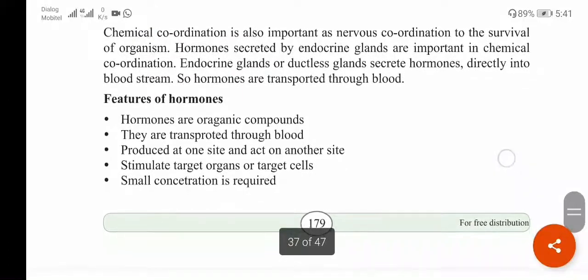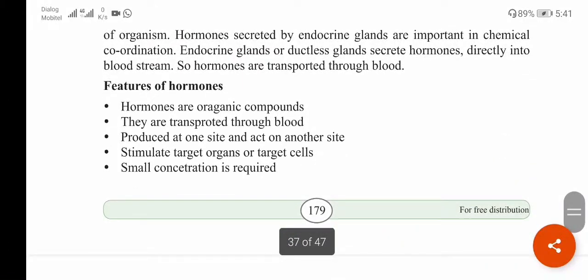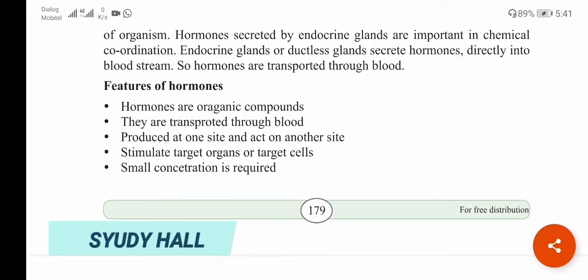So you have to know the features of the hormones. The hormones are organic compounds. They are transported through blood, produced at one site and act on another site. They stimulate the target organs or target cells, and only a small concentration is required.